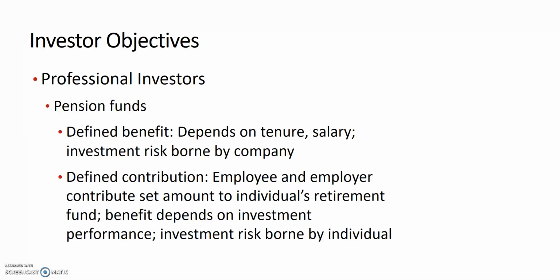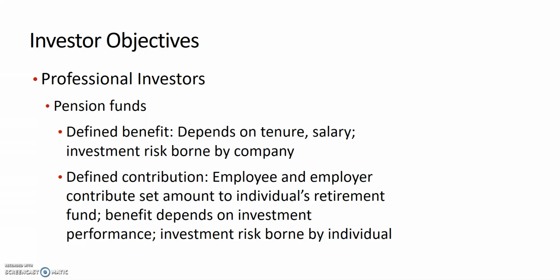Also, in the category of professional investors are mutual funds and pension funds, the two primary types that we have. Pension funds are going to fall into two primary categories, that of the defined benefit and the defined contribution. The defined benefit is going to depend on the tenure and the salary of the employee, and with this, the risk is going to be borne solely by the company.